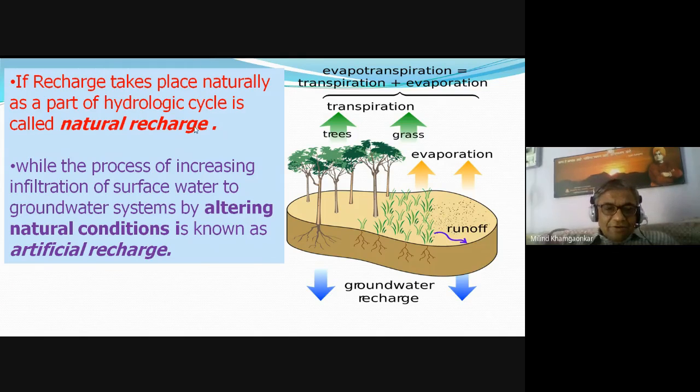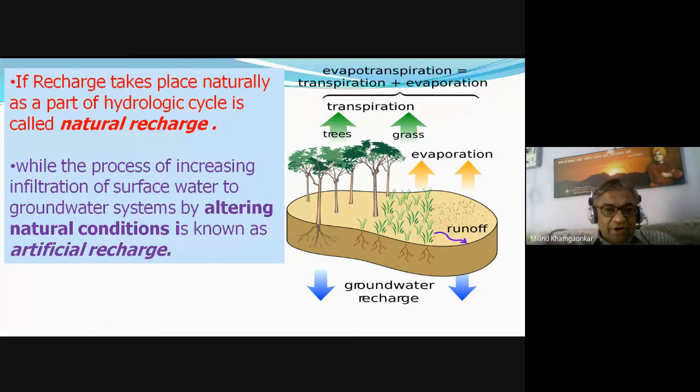The additional efforts, other than natural recharge methods, taken by human beings, that is the process of increasing the infiltration of the surface water to the groundwater system by altering or changing certain natural conditions, is known as artificial recharge.